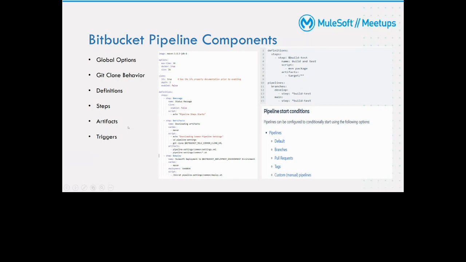Artifacts is used when, since we have already learned that our steps will be running in separate containers, what if I want to have an artifact which is generated in one step and will be used in other steps? So you can make use of this artifact property. If you see this pipeline, right, this artifact step, what we are doing here is we are simply cloning a Bitbucket common URL.